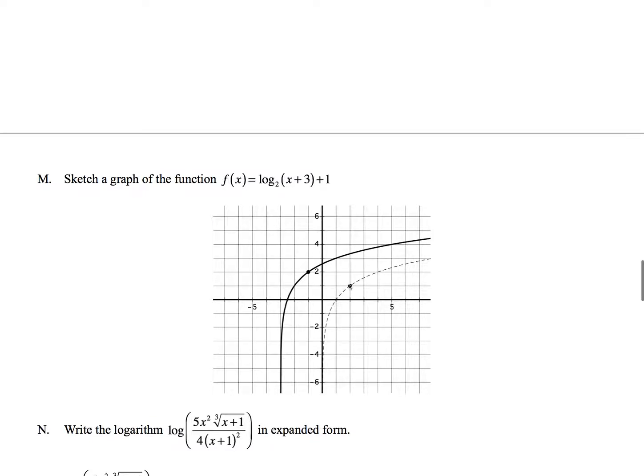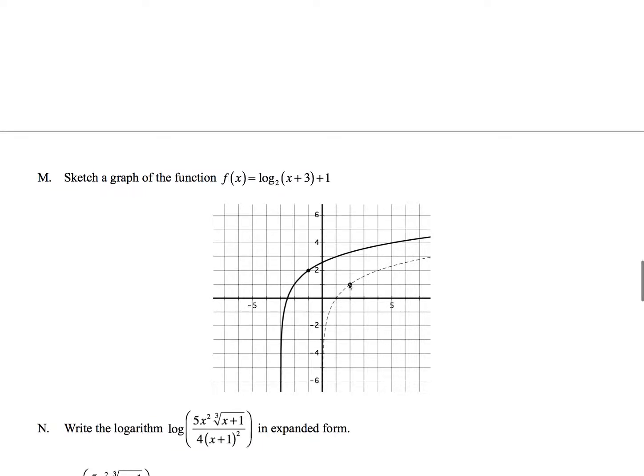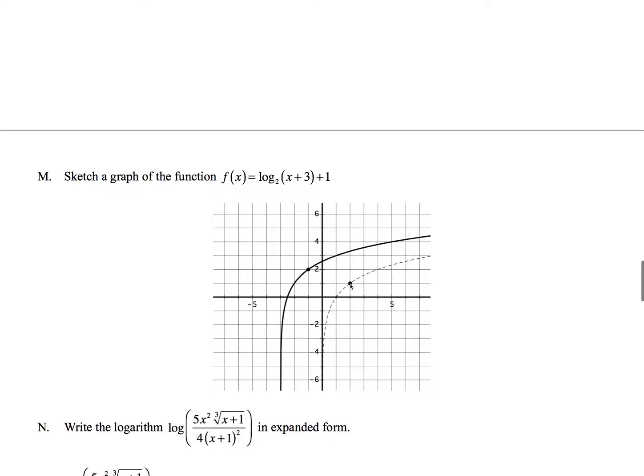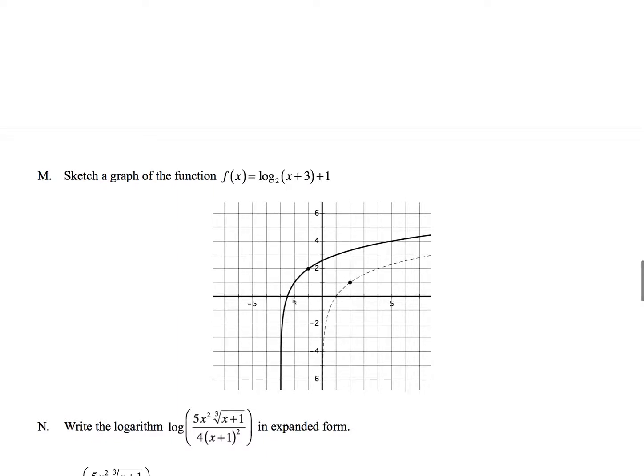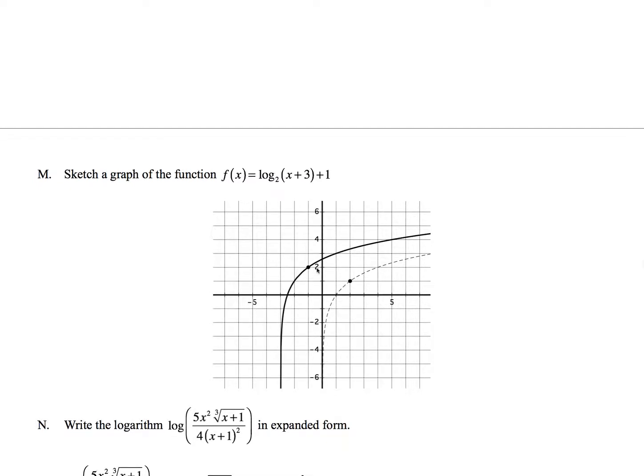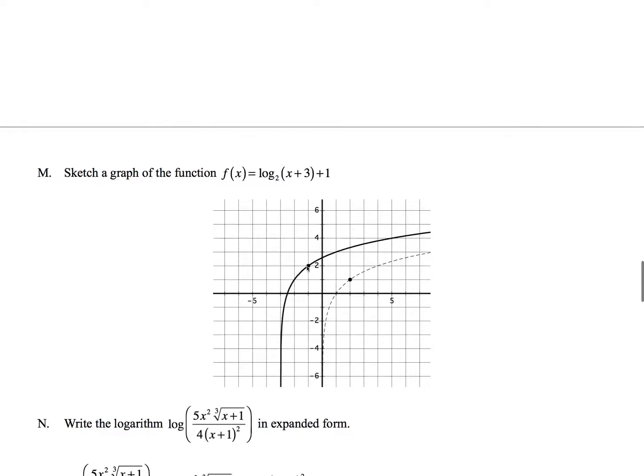So we also probably want to know where that point was translated to. And so we know that from looking at the vertical asymptote that it's 3 left and 1 up.